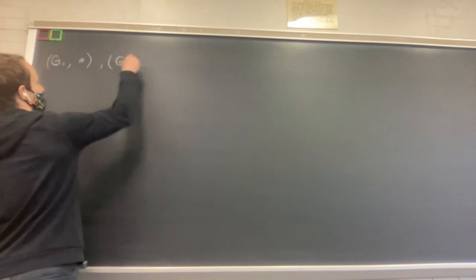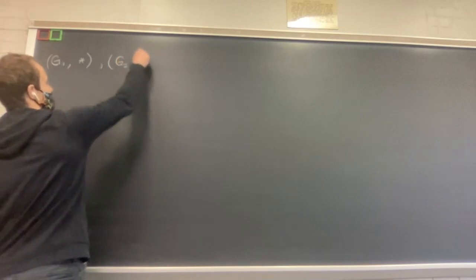So if you've got two groups, maybe G1, and let's be really thorough here, let's say the operation in G1 is star, and then you have G2, and the operation in G2 is pound.